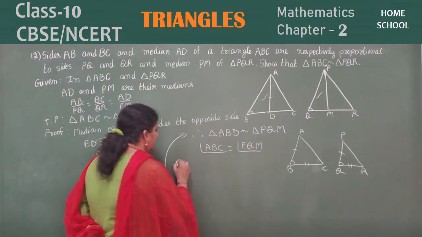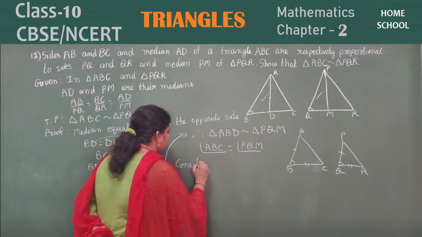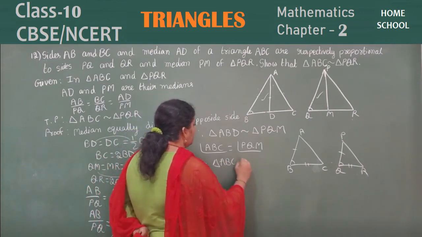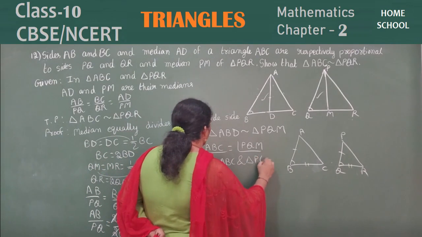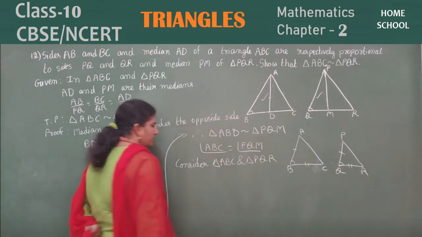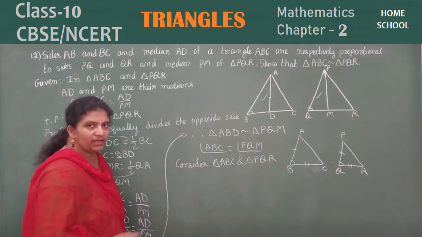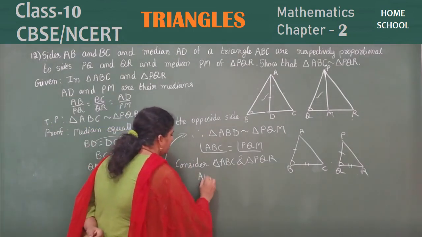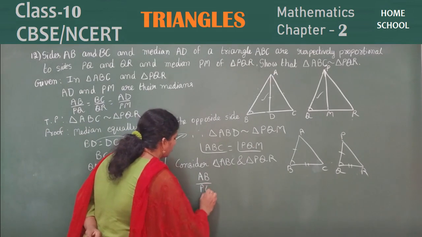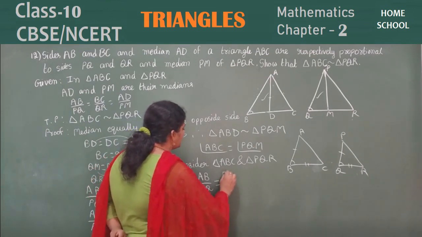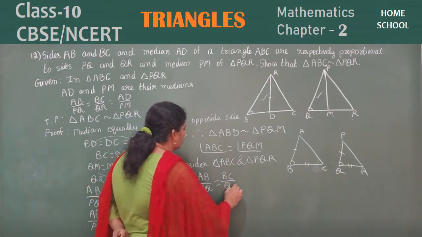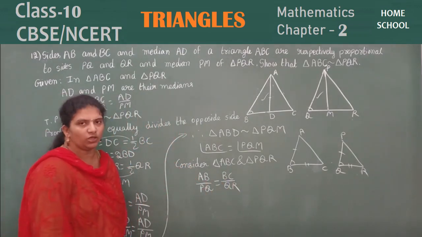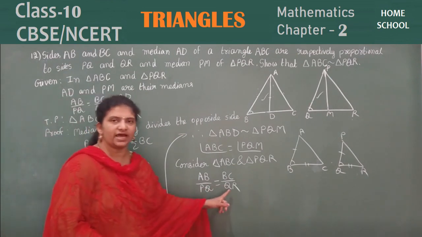So now consider triangle ABC and triangle PQR. What you can say here? AB is proportional to PQ and BC is proportional to QR. AB by PQ is equal to BC by QR. These two ratios are in proportion.